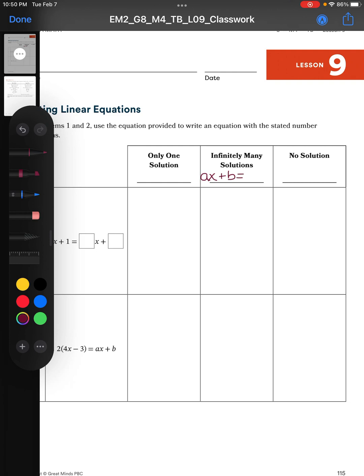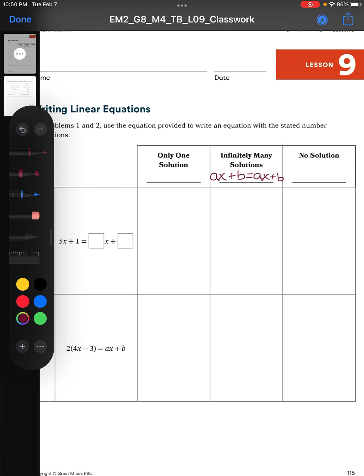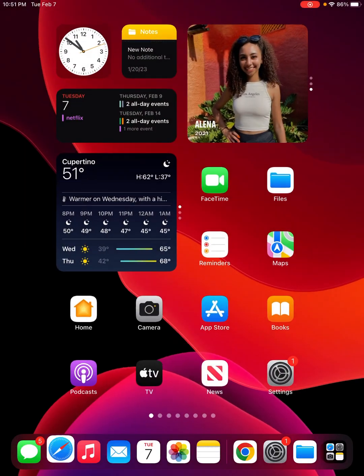So the left side and the right side look exactly the same, right? That's what we have when we have infinitely many solutions. So for number 1, where we have the equation 5x plus 1 equals, and then we have this box, this blank that they want us to fill out, and then another blank over here.